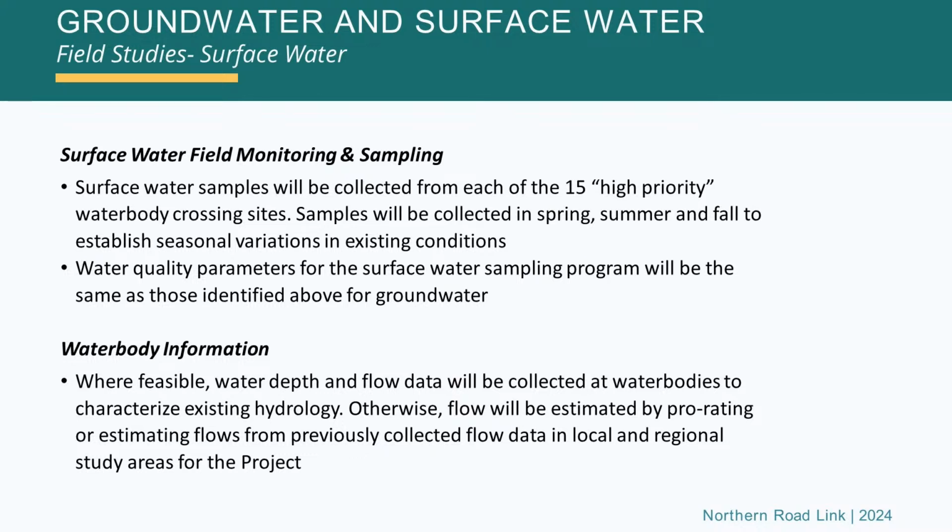And then wherever we can, and we can't always, just because of safety purposes, since sometimes the water gets deep, we try to get water depth and flow information at the different water bodies to understand how they work, right? The hydrology of them, like the behavior of the water course, the depth, the flow rates, the banks, the geometry of the water courses in different locations.